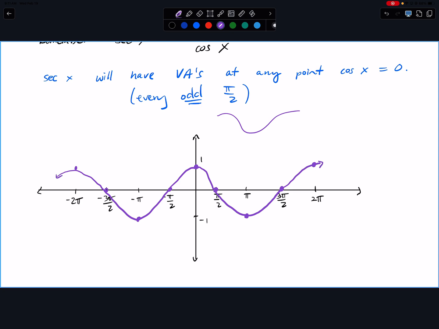That look okay? For standing up, that looks okay? All right. Thank you. Appreciate it. Okay. So we're going to graph asymptotes at every odd pi over 2.